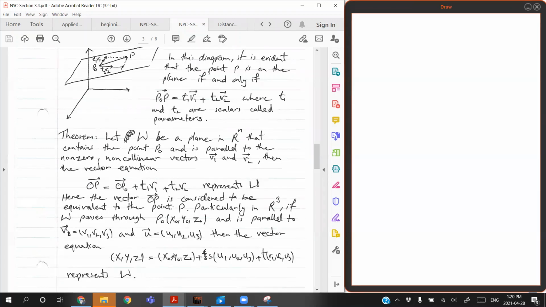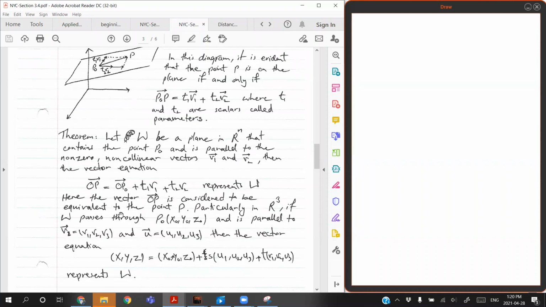Here, the vector OP, which is the arbitrary point from the plane, is considered to be equivalent to the point P, because there is a correspondence between a vector in standard position, like OP, and the point P. The components of the vector are exactly the same as the coordinates of the point. So you can think of a vector like OP as a point.